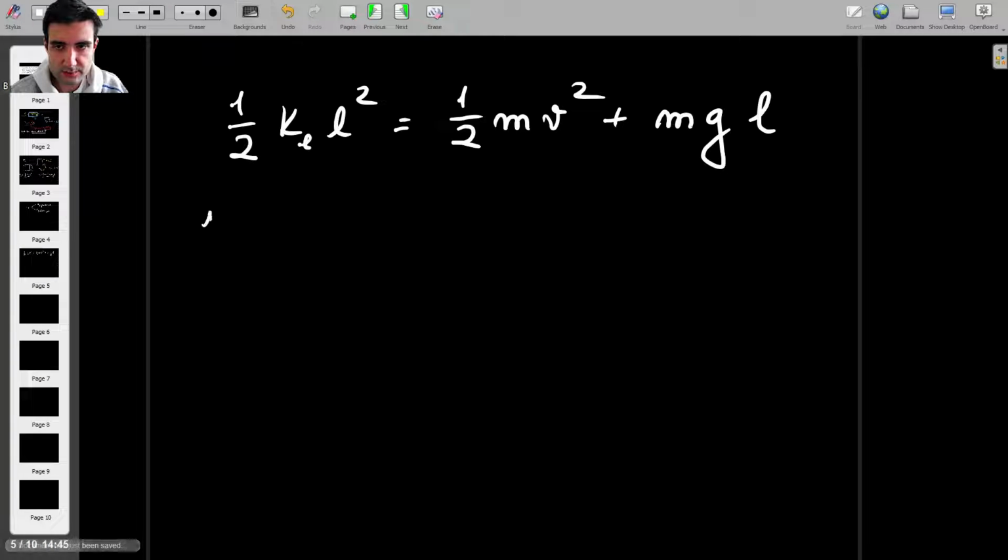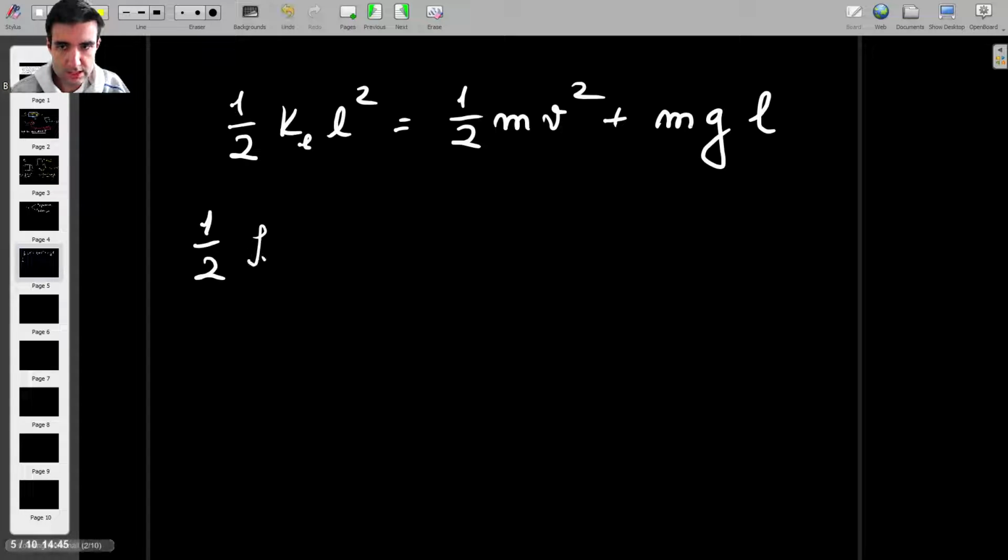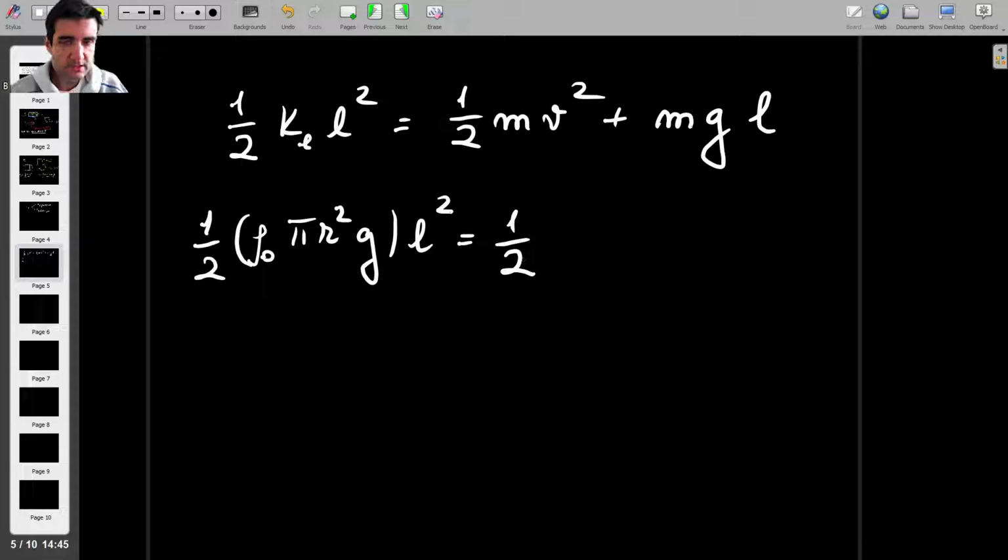So let's actually substitute ke. ke is essentially this thing here. So it's rho 0, and then we have pi r squared, and then we have g, and this is multiplied by L squared, and that's equal to 1/2. Now instead of m, which is the mass of the cylinder, I'm going to substitute this with density times volume.